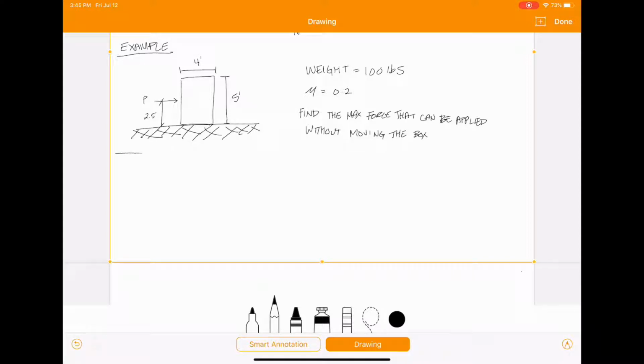So the first thing we want to be able to recognize when looking at a friction problem is to identify all the different scenarios in which this box could move. So in this case, when we push on this box, it is either going to just slide across the floor, or pushing here is going to cause the box to tip about that point there.